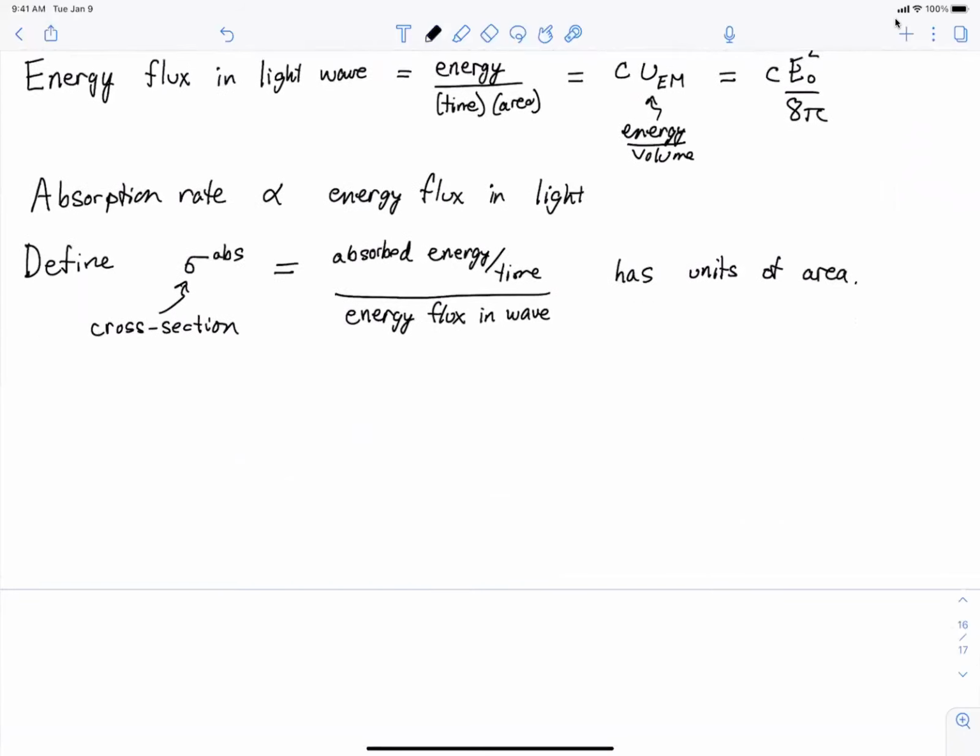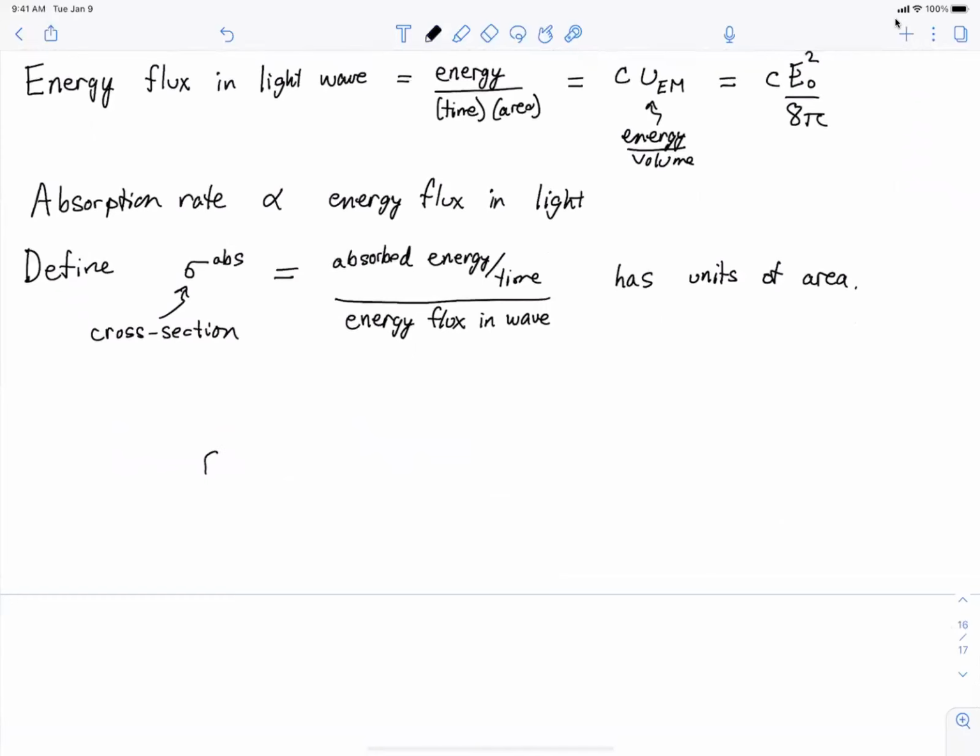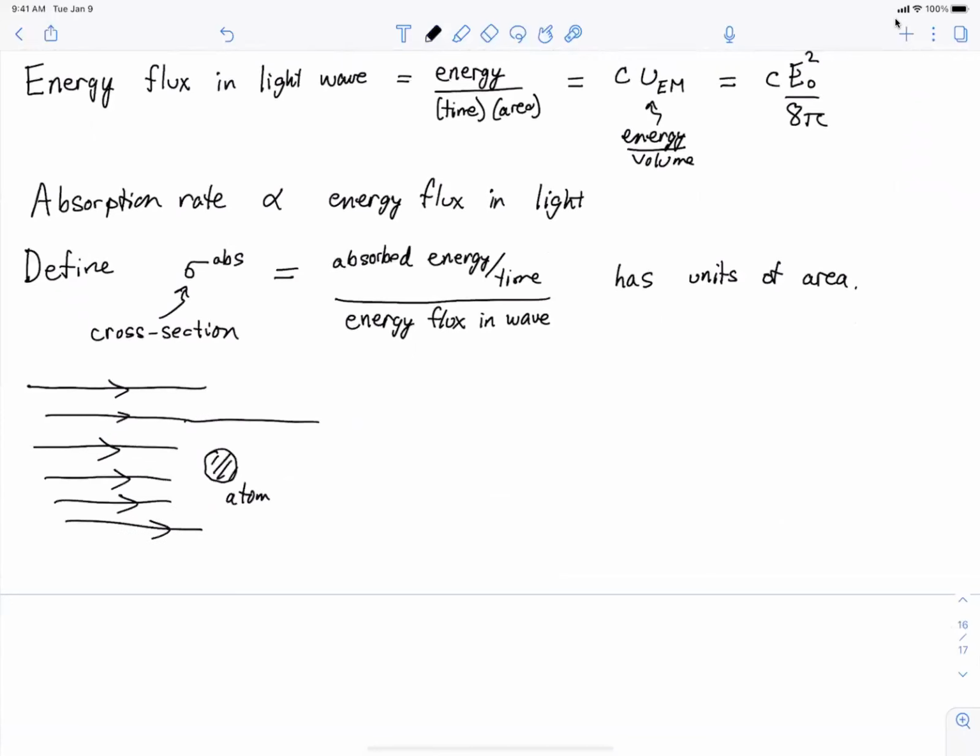Okay, and so intuitively you have your atom sitting here minding its own business. And some light comes along. And if the light just misses the atom, it just continues going. But some of the light is going to encounter the atom and get absorbed, and the amount that will get absorbed is proportional to that area.